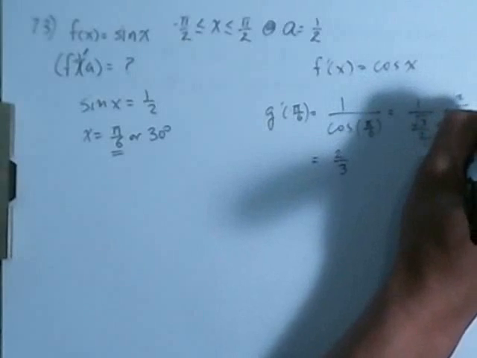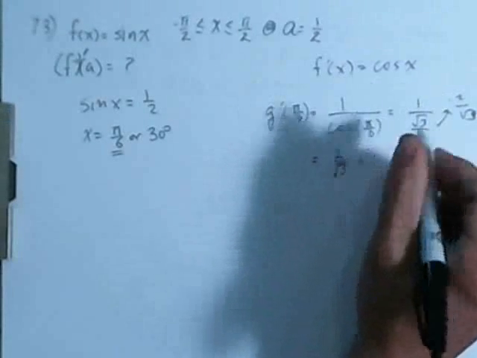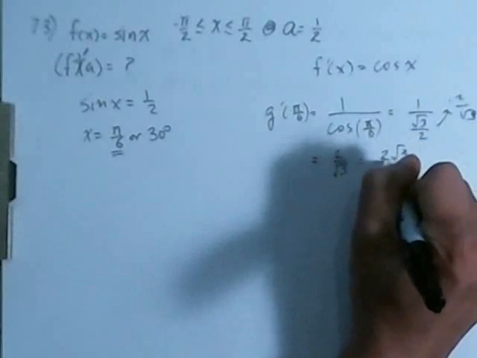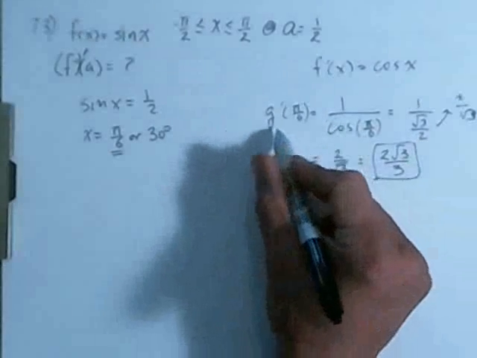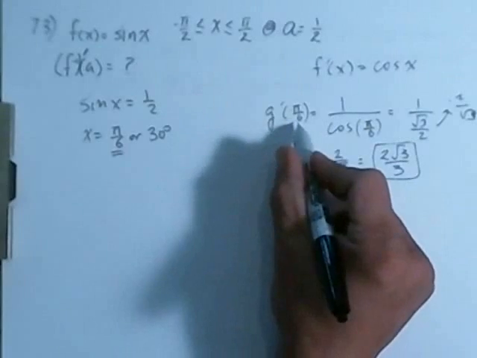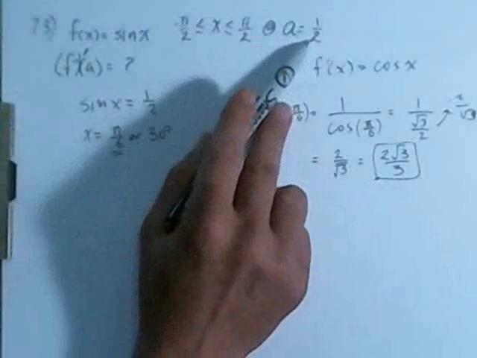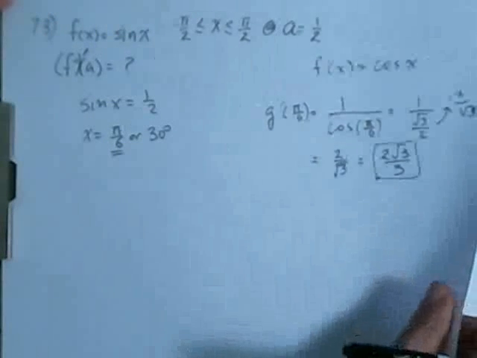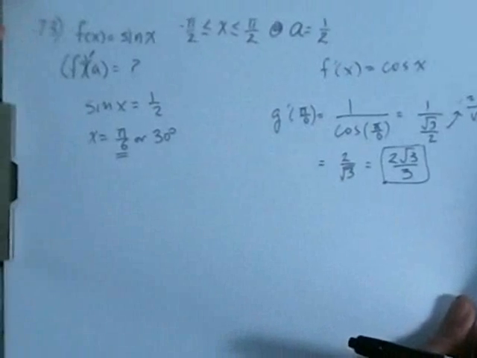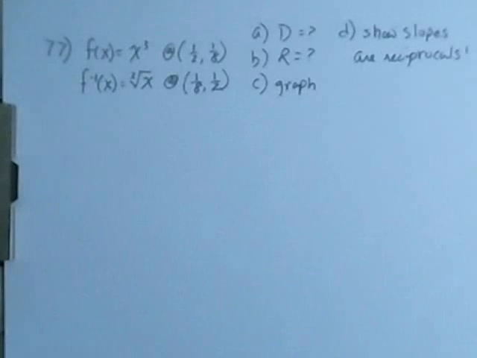If you want to rationalize the denominator, that becomes 2 radical 3 over 3. That would be your g prime, the derivative at that point, at a equals 1/2. Pretty simple. I haven't checked the back of the book for this one yet, but I'll check it later. If it doesn't work out, I'll have to redo the problem. Next problem.